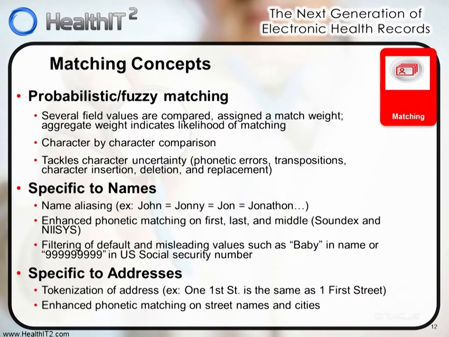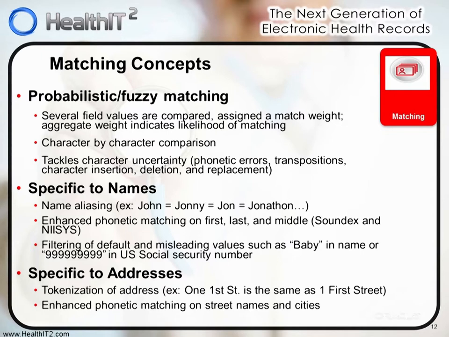So to recap some of the matching concepts that we talked about, the probabilistic or fuzzy matching, what's going on there? So we've got a variety of different ways that we can compare values and assign a weight to them. One is just a very simple character by character comparison, but most commonly we're actually going into several different levels of character uncertainty.